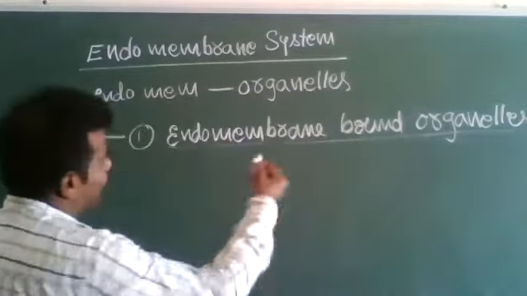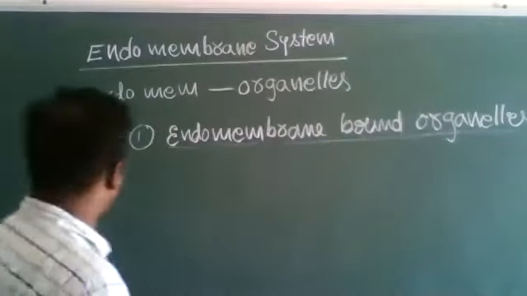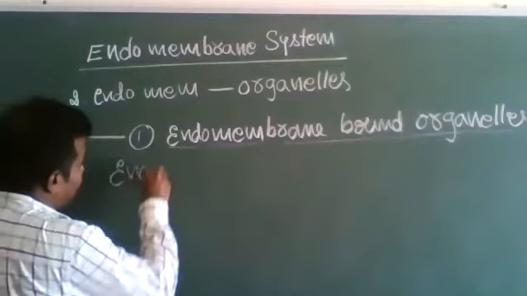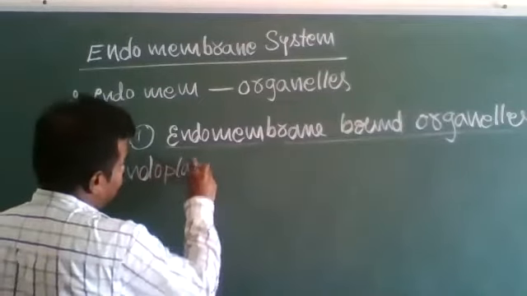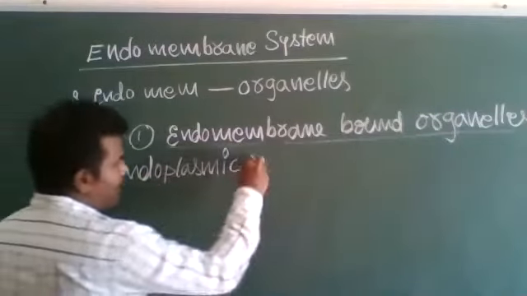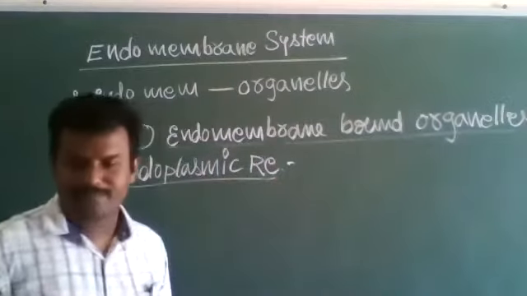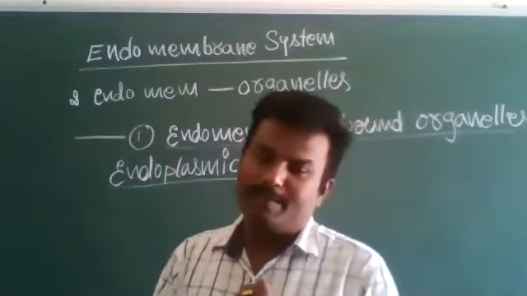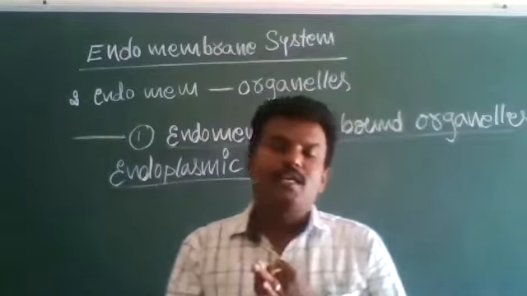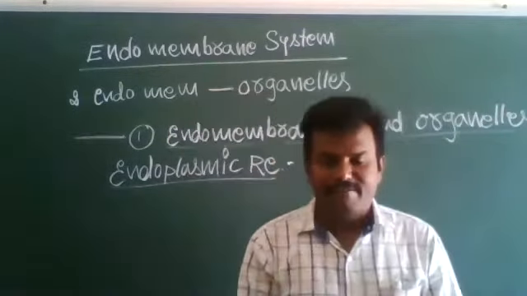Okay, so endomembrane bound organelles are endoplasmic reticulum, Golgi apparatus, lysosomes, and vacuoles.